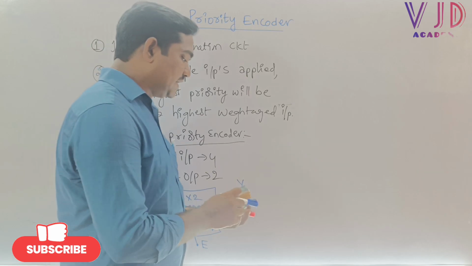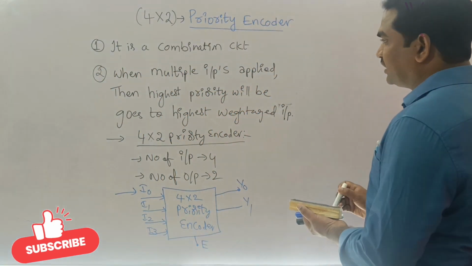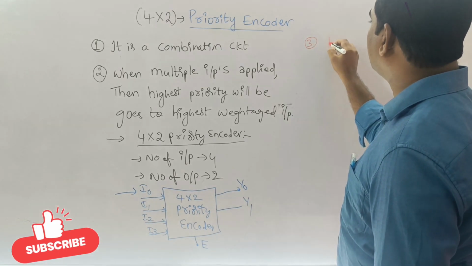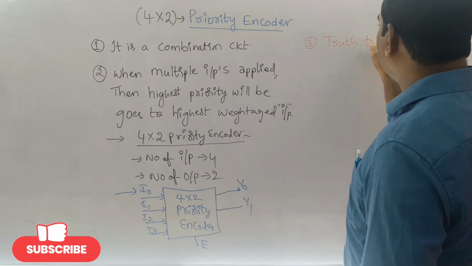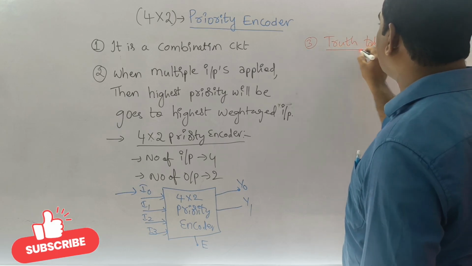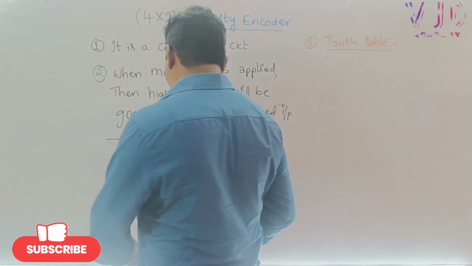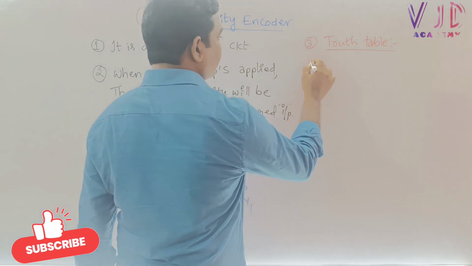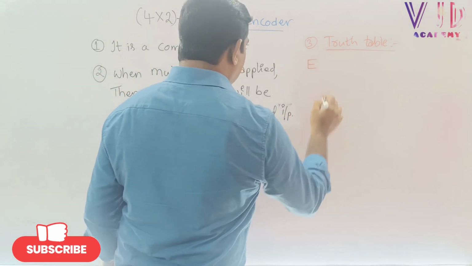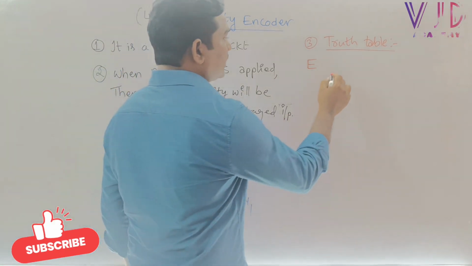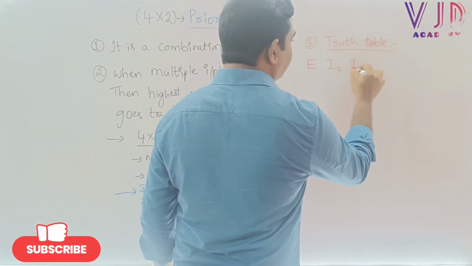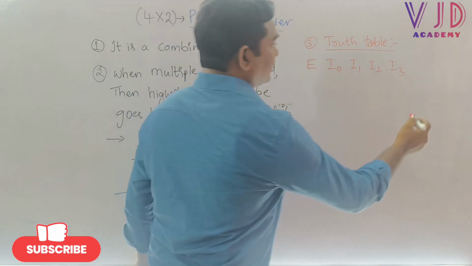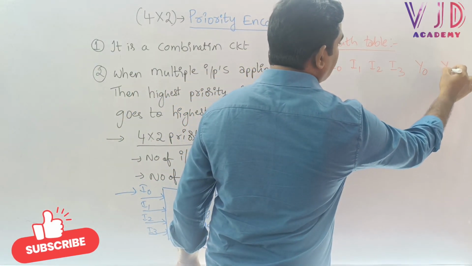Now based upon the circuit diagram, let us try to draw the truth table. The third point is the truth table, which is very, very important. As we have seen for the basic encoder, let us list out the things. The first is the enable input, then the inputs I0, I1, I2 and I3, and then the outputs Y0 and Y1.